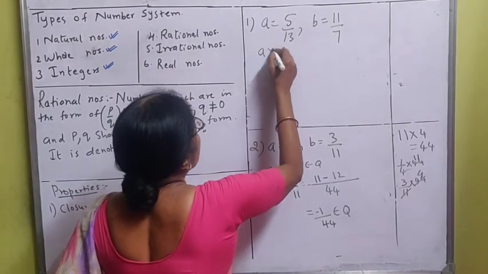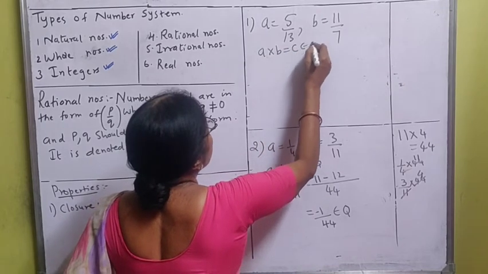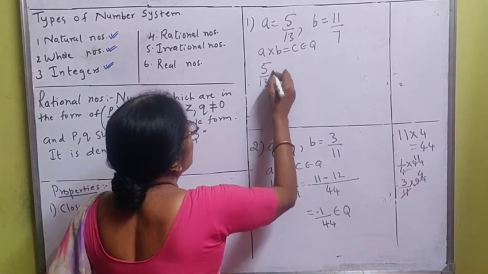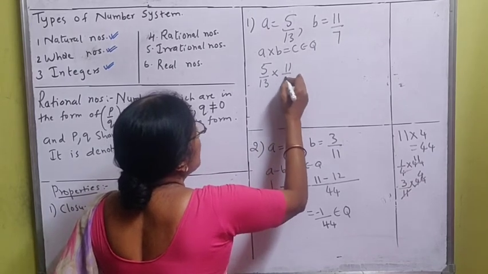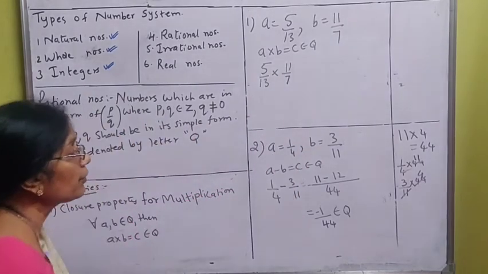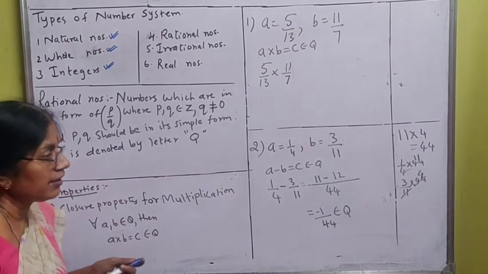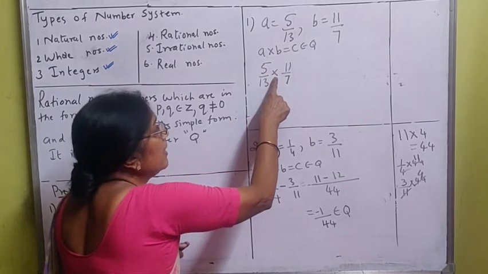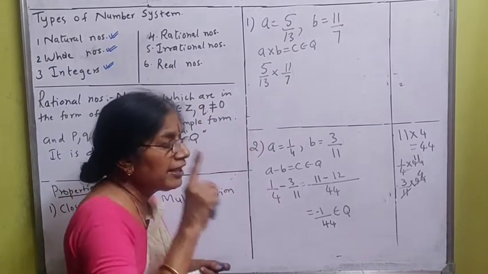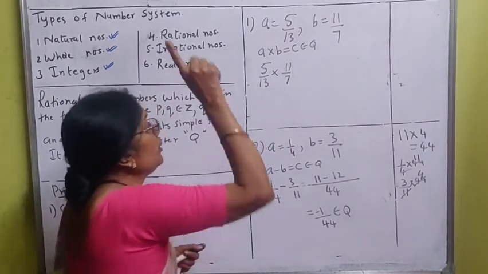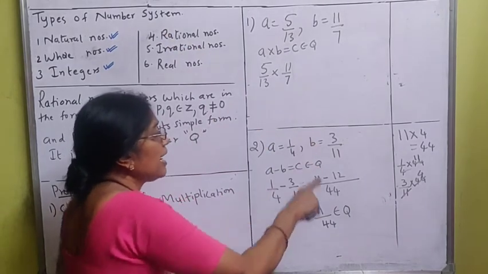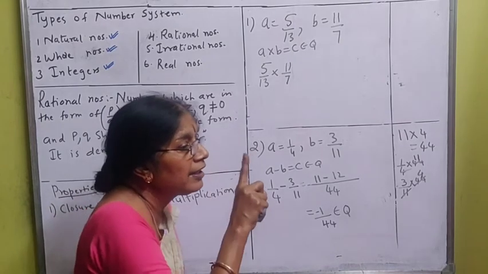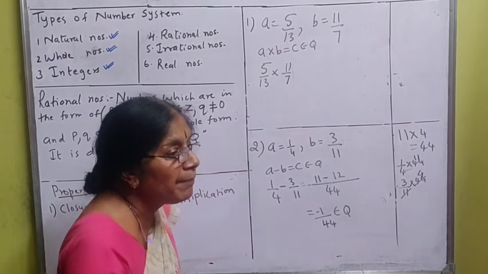So A into B is equal to C belongs to Q. So A is what? 5 by 13 into B is what? 11 by 7. Here I want to tell you a very important thing. Now what sign is there? Multiplication. So what important thing you have to keep in mind: when two rational numbers or two fractions are multiplied, you will not take the LCM.